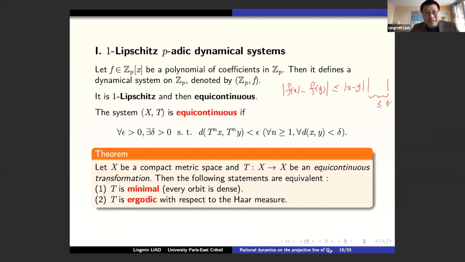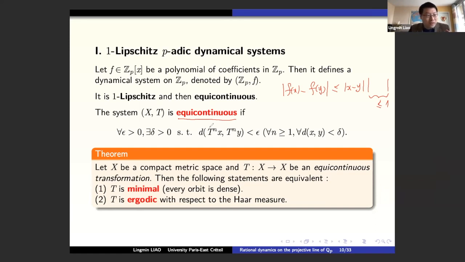For this one Lipschitz system, if you have this property, then you will find that you have the equicontinuity property. That means if the distance between x and y is less than delta, then all the iterations will have distance less than epsilon. For this family, there is one very important thing, usually I call it minimality.